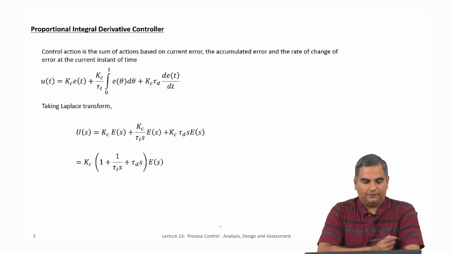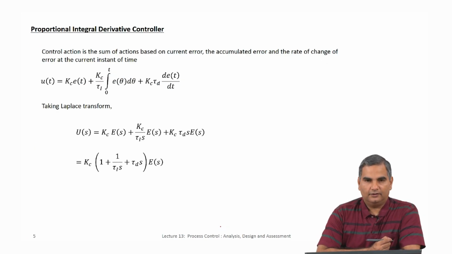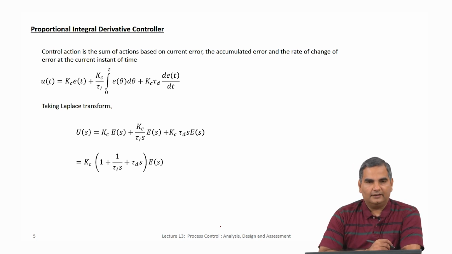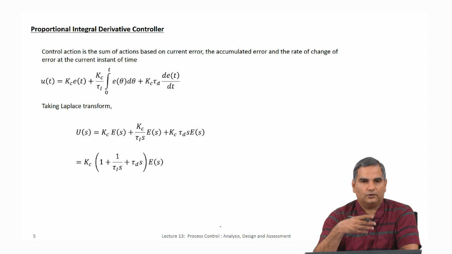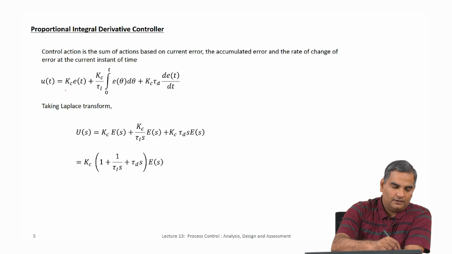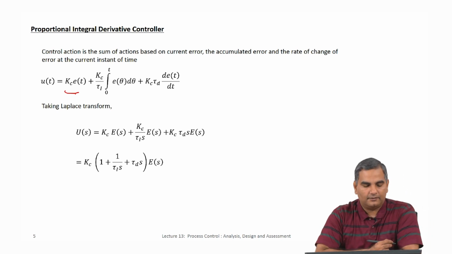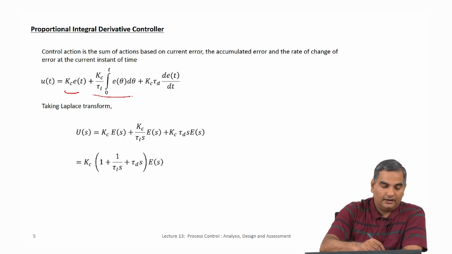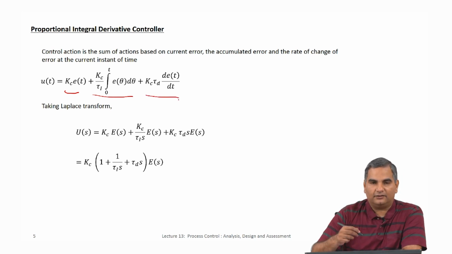The third type of controller we are going to see in this course is what is called proportional integral derivative control. So, here the idea is I am going to set my manipulated variable based on first the current error, based on the integrated error, and also based on the rate at which the error is changing, right.